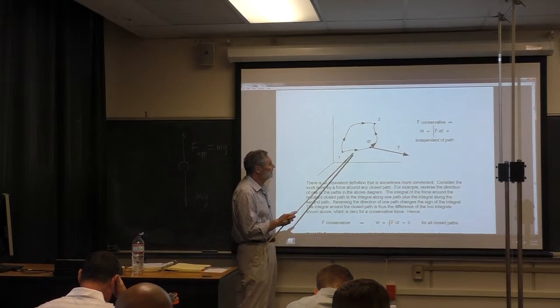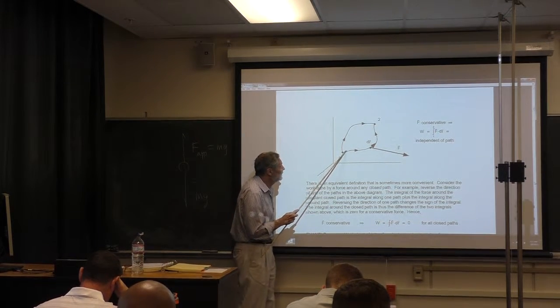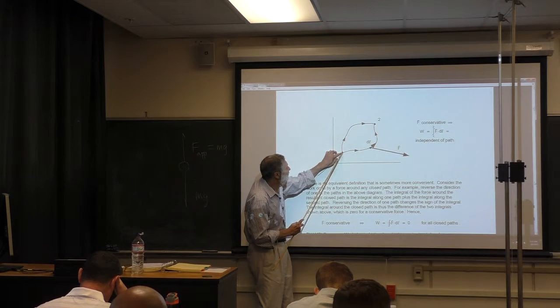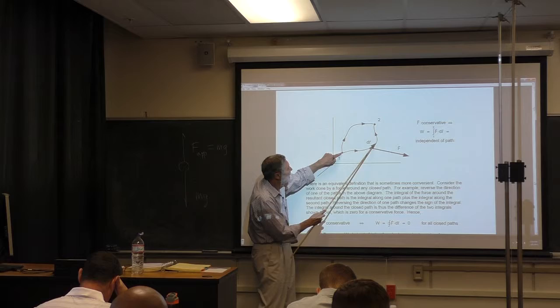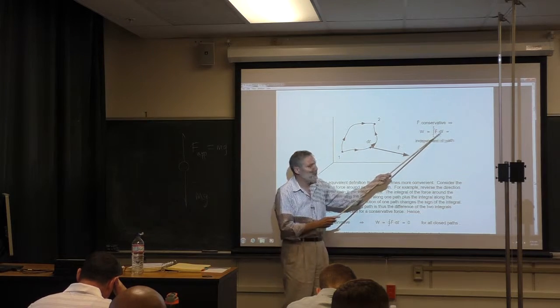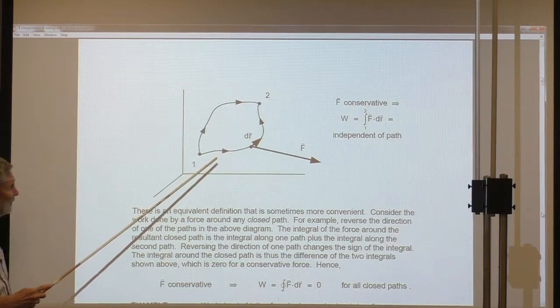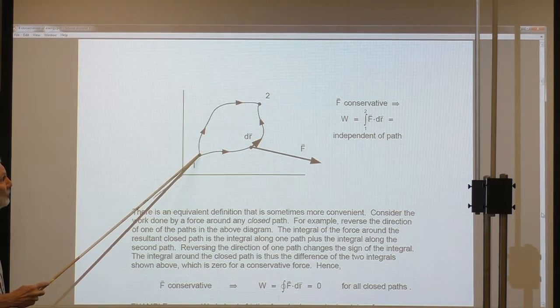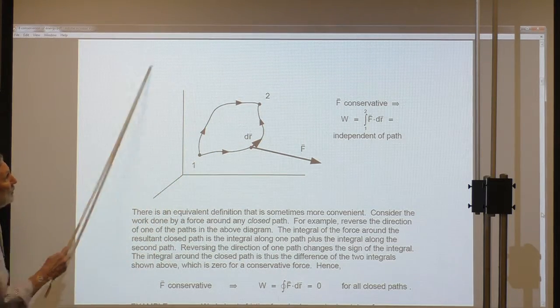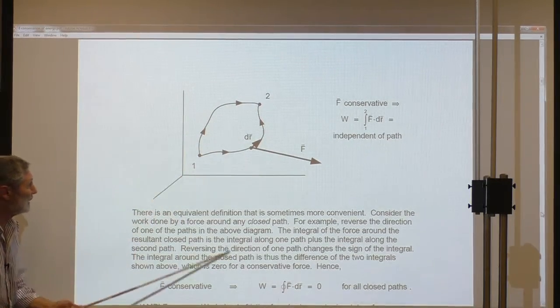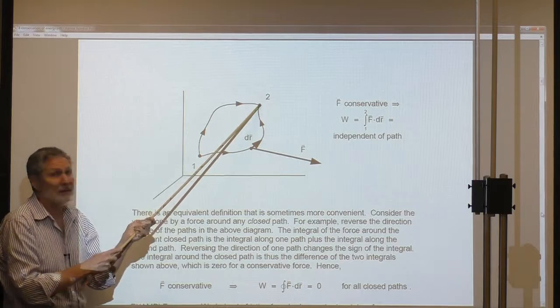Whether or not it's conservative depends upon the work done by the force from this point to that point along some path. It's summing up all the individual works. We've seen this before, right? So if that work is independent of the path, if you get the same answer regardless of which path you take, you could head off straight here, or you could go down here and up here and back, anything.